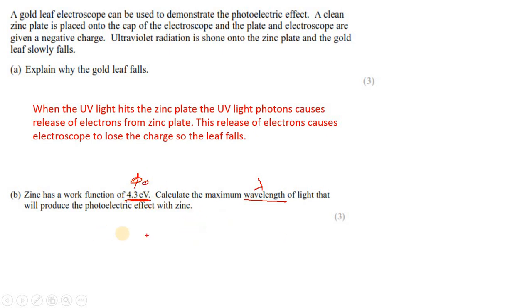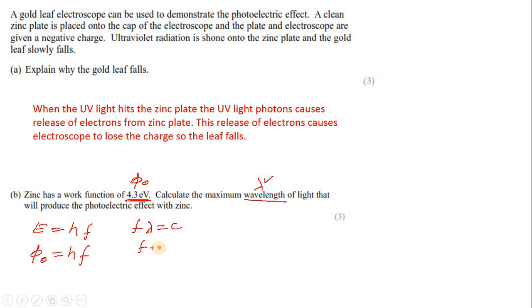According to quantum theory, the energy of any photon E is equal to hf, and in this case this E is basically equal to the work function. So you can write phi naught is equal to hf, and clearly we can get rid of this frequency because we need lambda. So f lambda is equal to c.